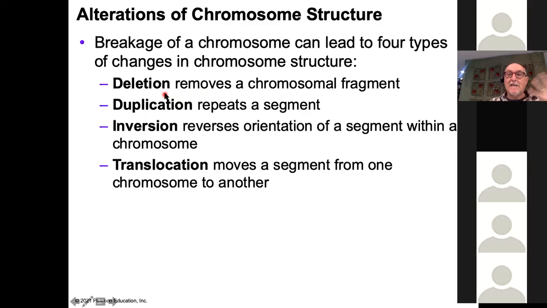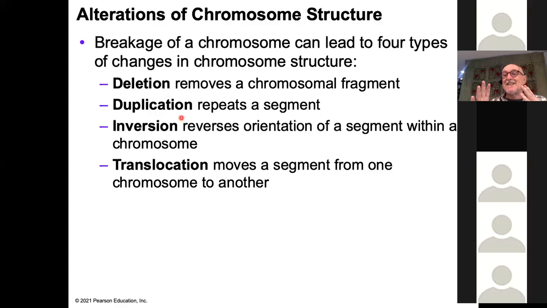We recognize things like deletions, where a chromosome fragment is entirely lost. Sometimes there are duplication errors during replication of the DNA. Sometimes, probably also due to crossing over effects, a set of genes can be inverted on a chromosome, and that affects gene expression.